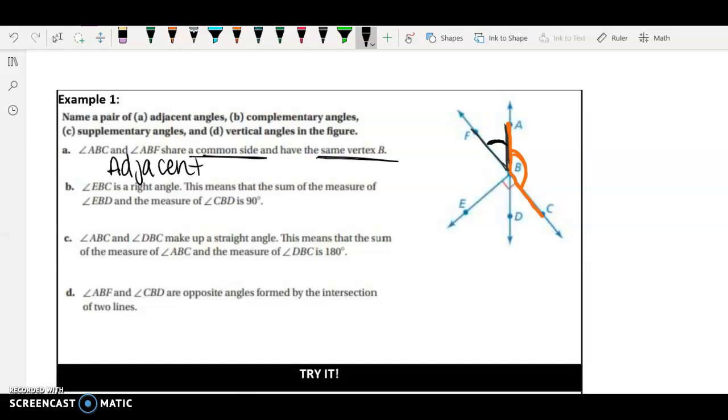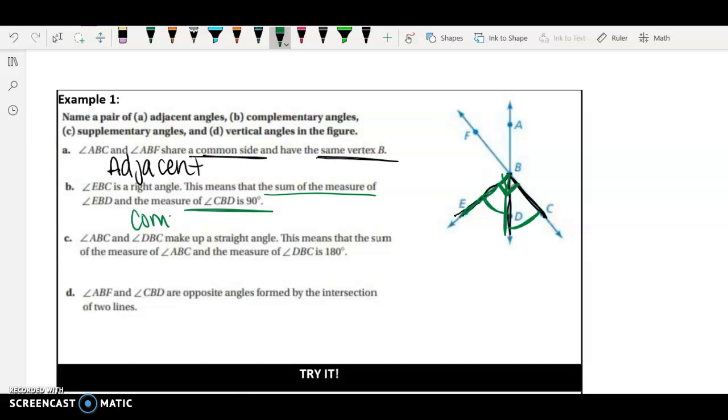So I'm going to erase this, that way we can kind of see them all together. So EBC and EBD have a measure of a sum of 90 degrees. So we saw that little box here, so that told us that that was 90 degrees, and so this angle plus this angle gave us 90 degrees.